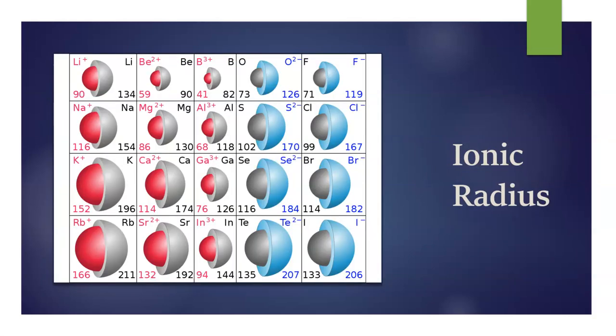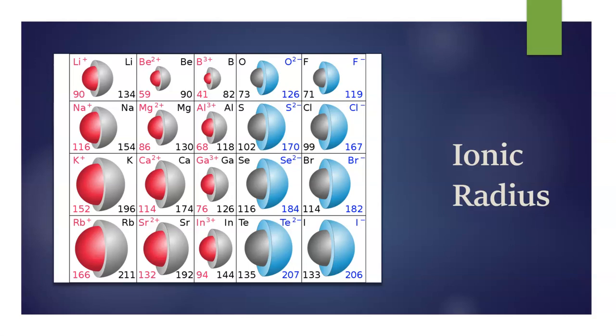Ionic size, on the other hand, is determined by two factors: the size of the parent atom and the charge on the ion. In this figure, each gray half sphere represents a neutral parent atom. The red half spheres show the sizes of the cations.